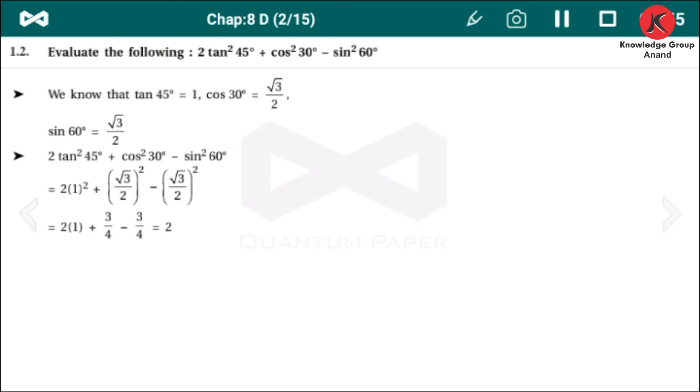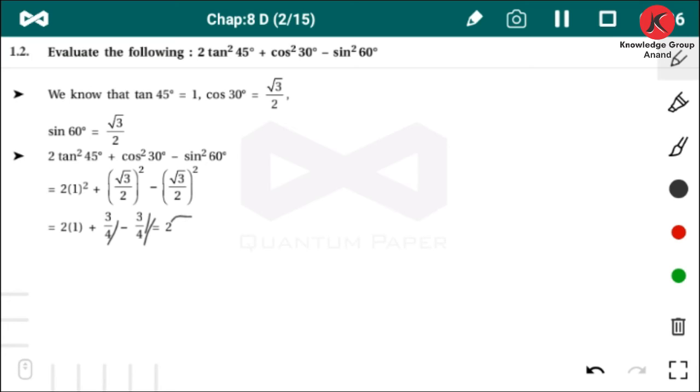Put all the values here: 2 into tan square 45, 1 square, plus root 3 by 2 square minus root 3 by 2 square. 2 into 1, plus root 3 square is 3, 2 square is 4, so 3 by 4 minus 3 by 4. Here the 3 by 4 and 3 by 4 are plus and minus, so they are gone. Therefore 2 ones are 2. The answer is 2.